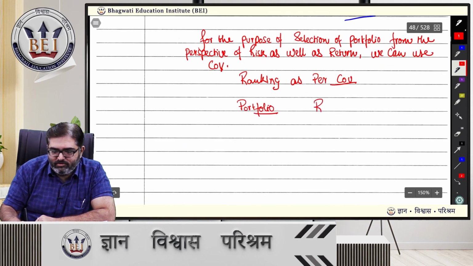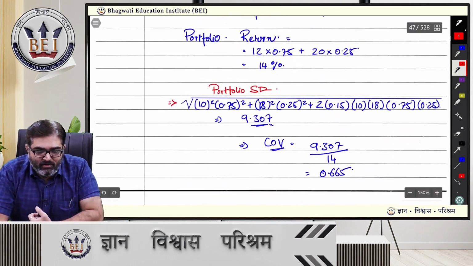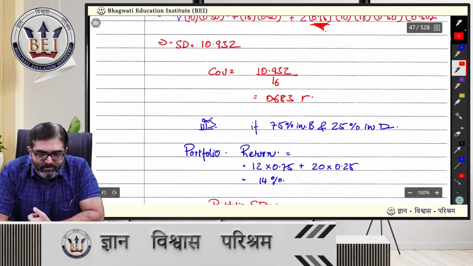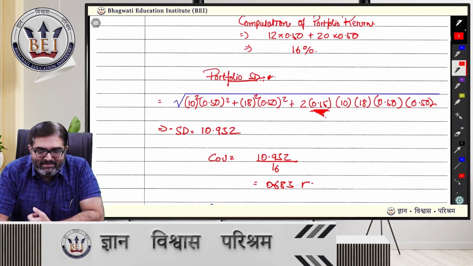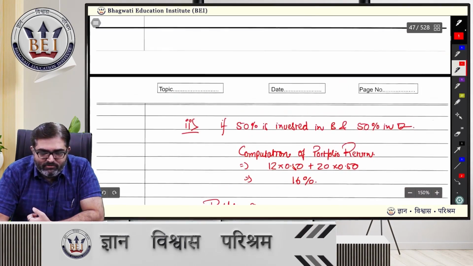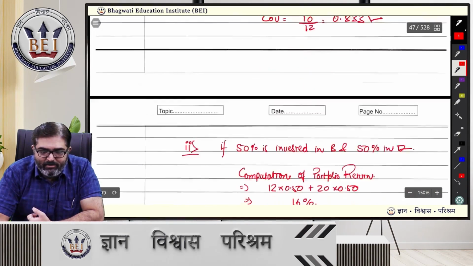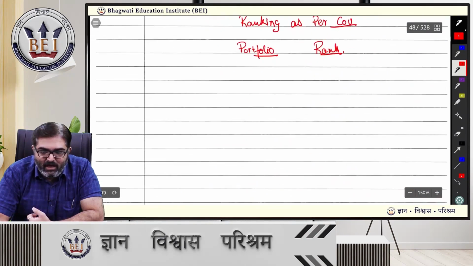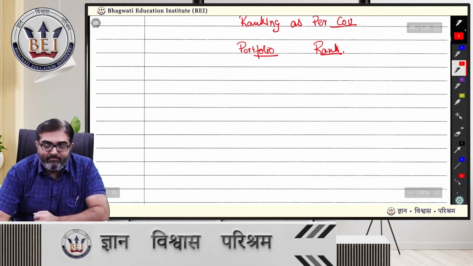Portfolio, its respective rank. Best one was the 0.665, third one, right? Then comes the 0.683, right? Pretty near that. Then comes the first one, that is only B, 0.833, and then comes last D, 0.9, right?